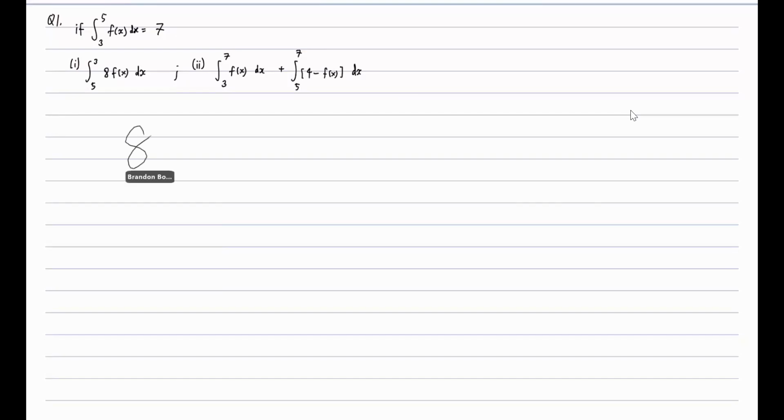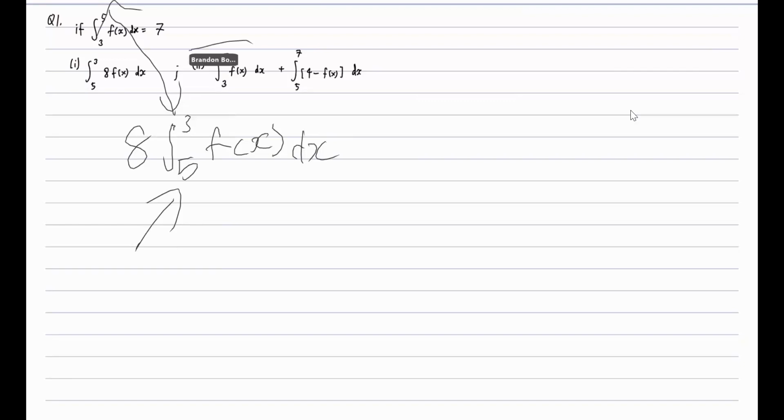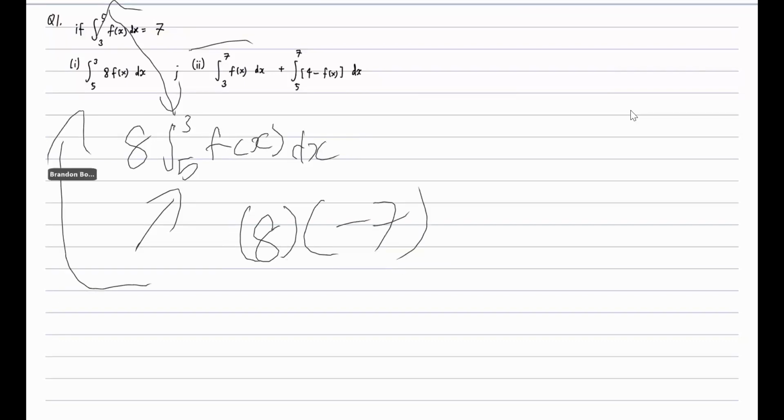Trust me. I know that if it's flipped around, it's negative. Then solve it, so it's 8 times -7. Exactly, part 1. That's it.